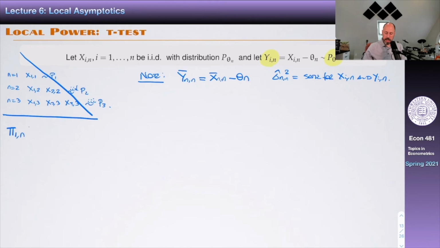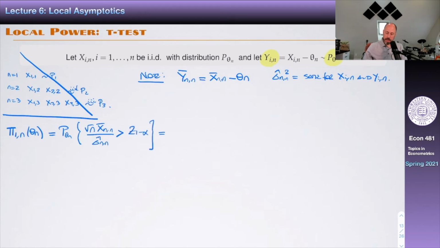So now let's consider the behavior of the power function. Pi_1 n at theta n is the probability under P theta n that square root n X bar n divided by sigma hat n is greater than z_{1-alpha}.